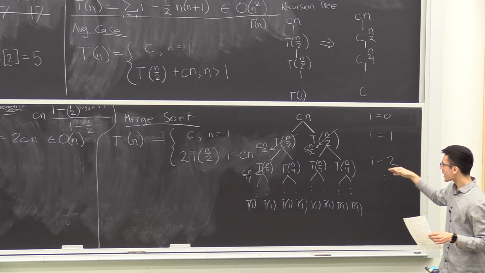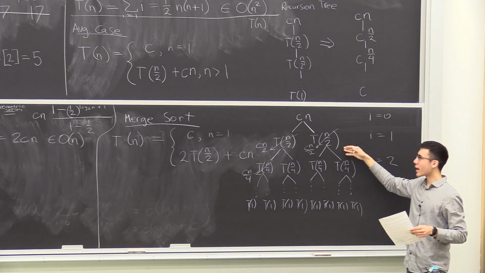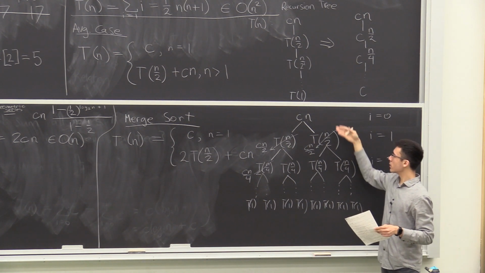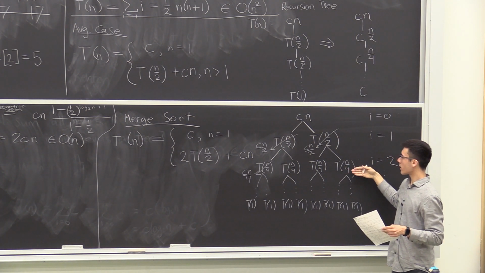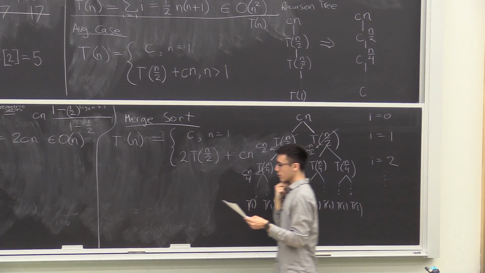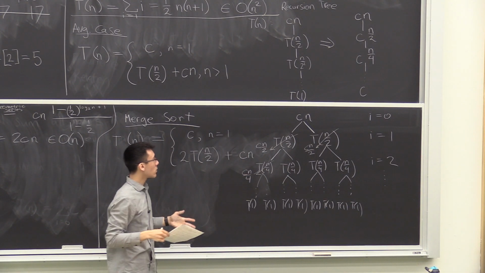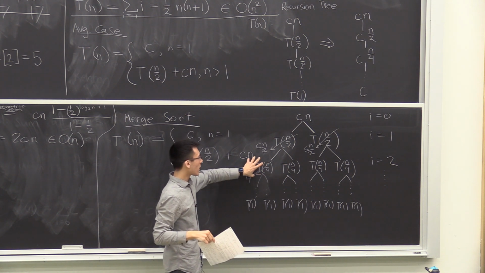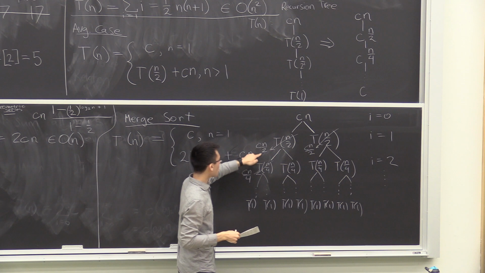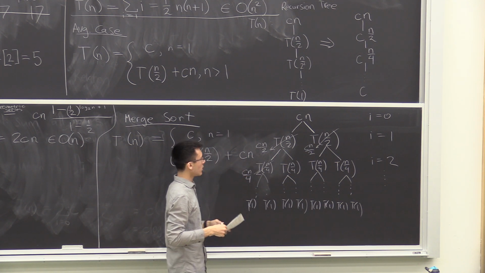What we can count is that each level is going to have 2 to the i nodes. So we have 2 to the 0, 2 to the 1, 2 to the 2, and so on. Okay, so that's great, but we also know that each node has a cost of C times n over 2 to the i.